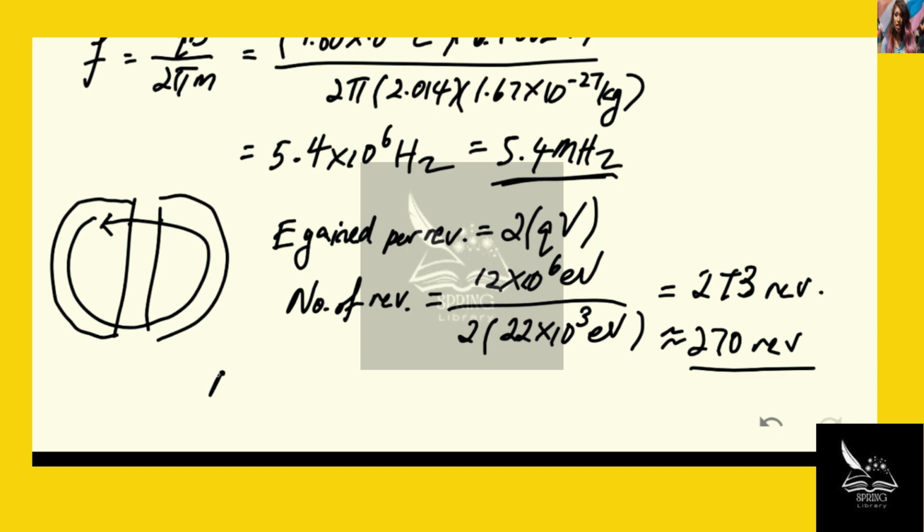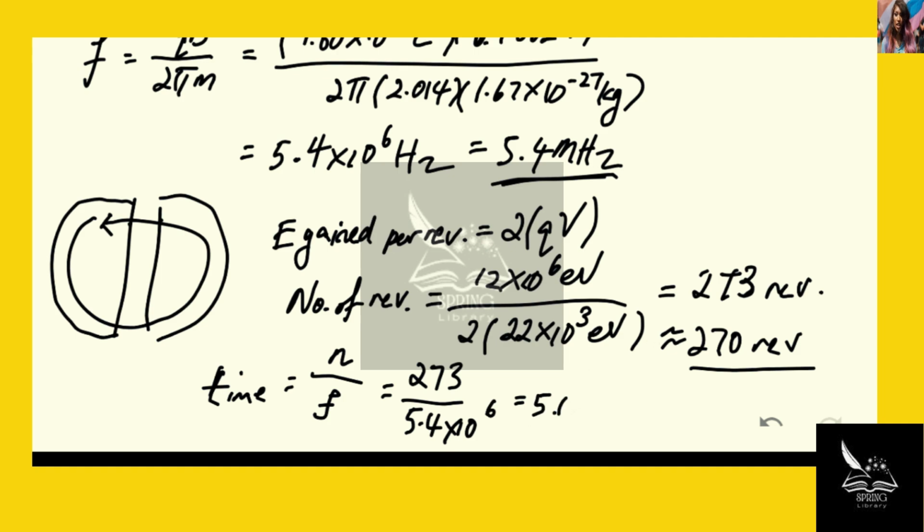So for the time needed for the entire acceleration process, we just take the number of revolutions divided by the frequency. So this is just 273 divided by 5.4 times 10 to the power 6. We should get 5.1 times 10 to the power minus 5 seconds. So this is the time required to accelerate the protons, sorry, the deuterons from start to finish.